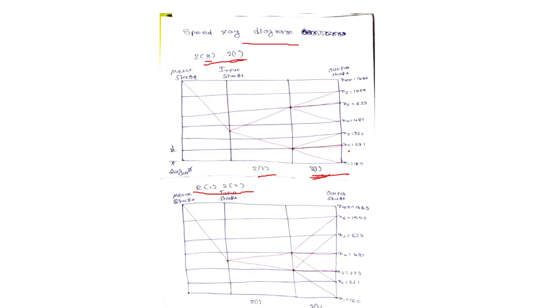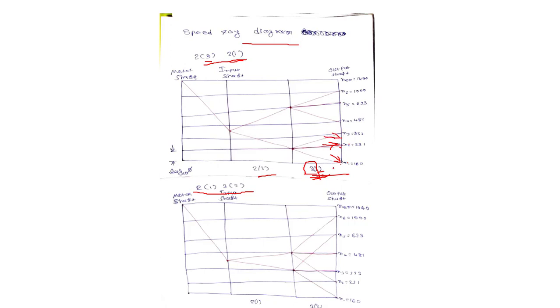So we have to make groups of these speeds, with a gap of 1 between them, and 3 speeds in one group. We start from here: this is our first point, this is our second point, as the gap between these speeds is 1, and this is our third point.